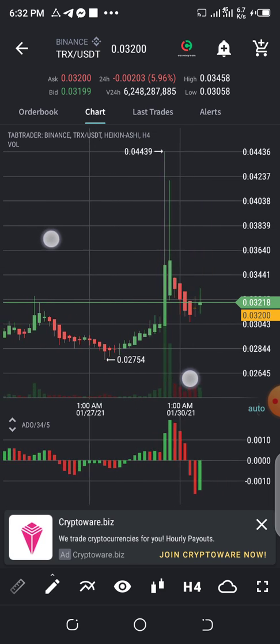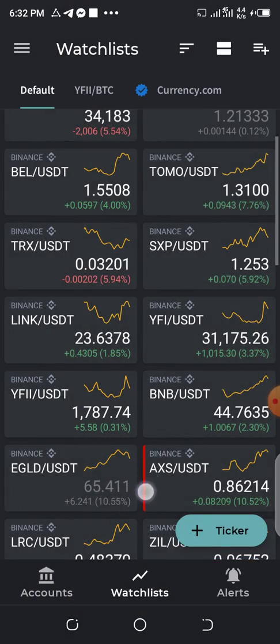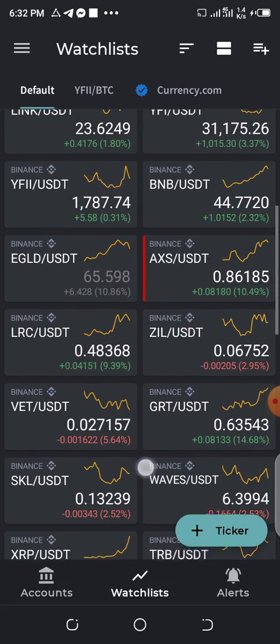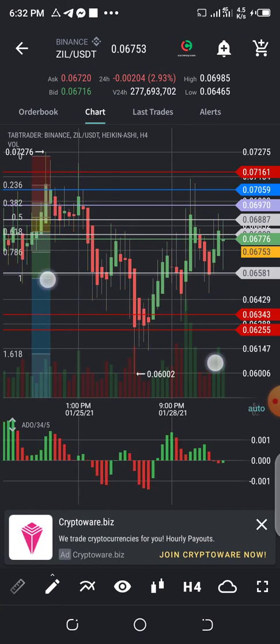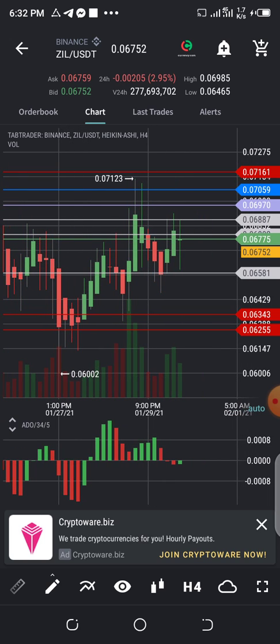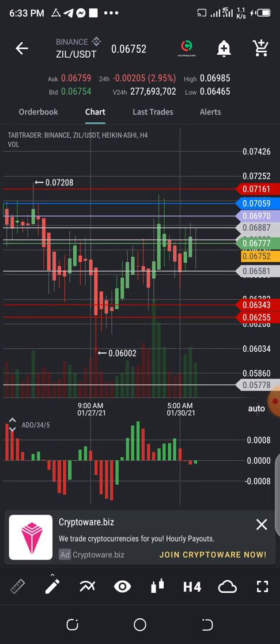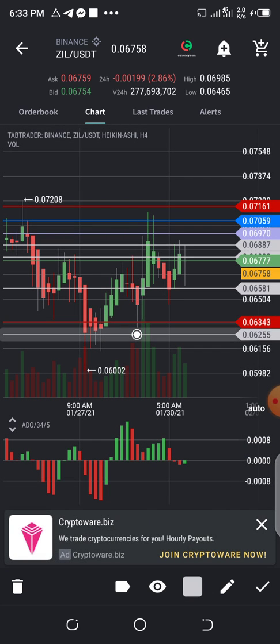I'm trying to look for a very good example that I can show you. Let me see what Zeal is doing. Okay, good. This is another one we can use. Well, I have a lot of lines here. Let me just turn them to white.